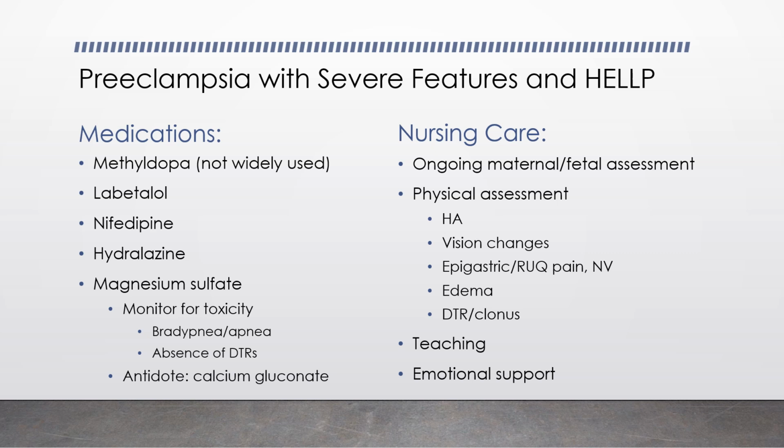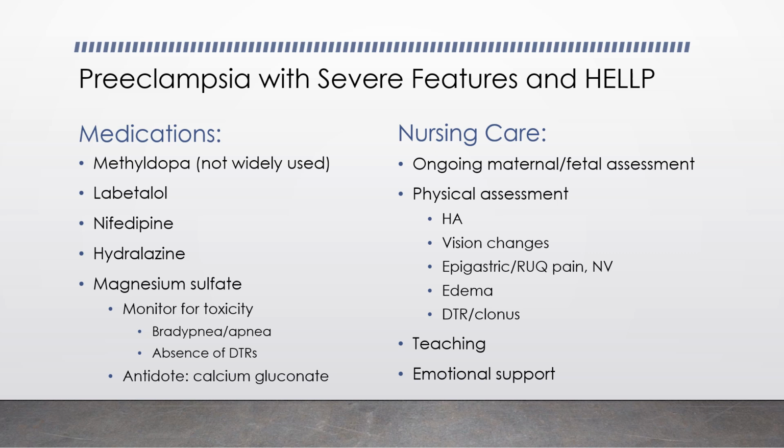If their deep tendon reflexes were hyperreflexic before they started MAG and now they're absent, it could be an indication of magnesium toxicity. If you discover that, the highest priority thing that you'll want to do is stop the infusion. Magnesium is usually very easily cleared through the kidneys, and it's usually quickly cleared.